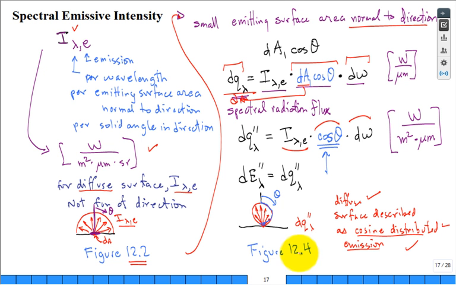If you look in the textbook at 12.4, you'll see an illustration saying, hey, simple surfaces look like this for the emission. Then you compare the two, and they look dramatically different. But one of them is talking about intensity. The other is talking about the emitted flux. And here, as a function of theta, it tapers off significantly.